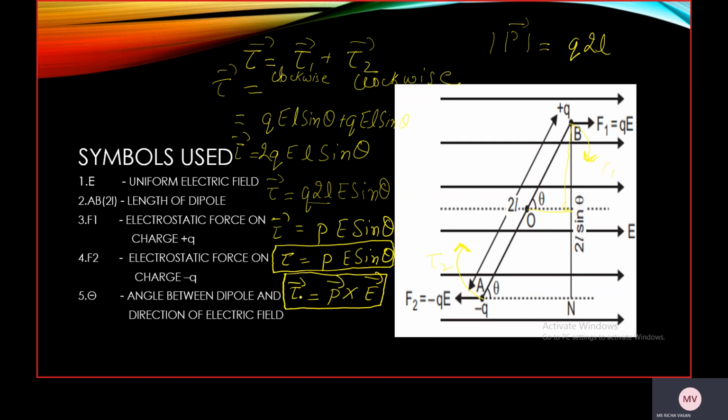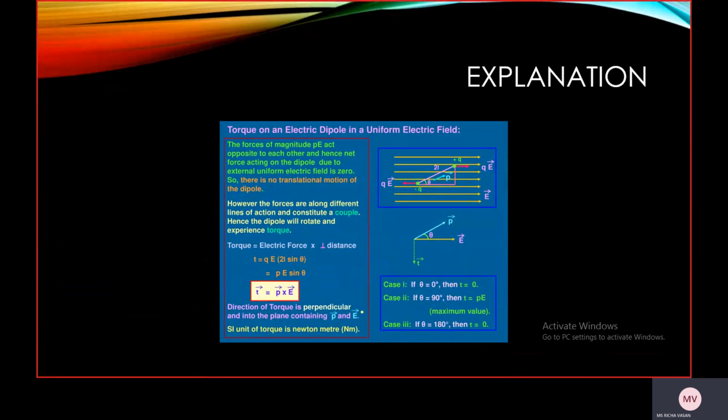Here you can see that the torque is the resultant of the cross product of P and E. So we have to see its direction as well. Now if we talk about the direction, here you can see we have taken P in this direction, that is, minus Q is here, plus Q is here.